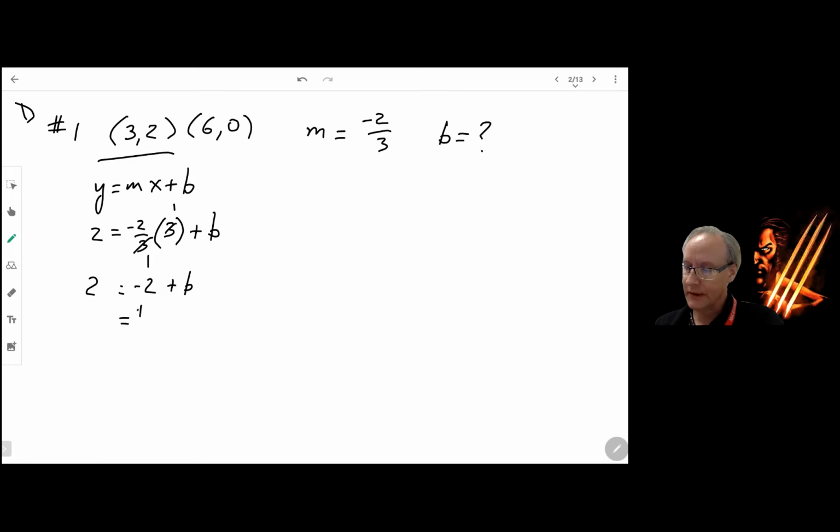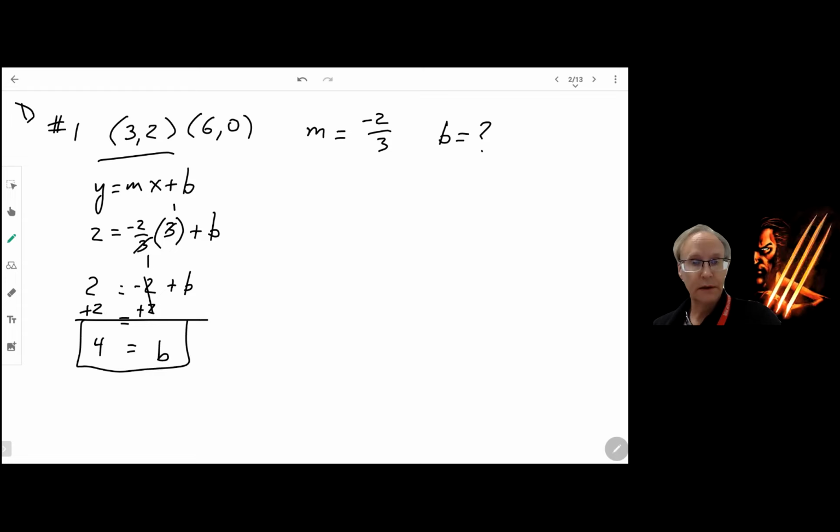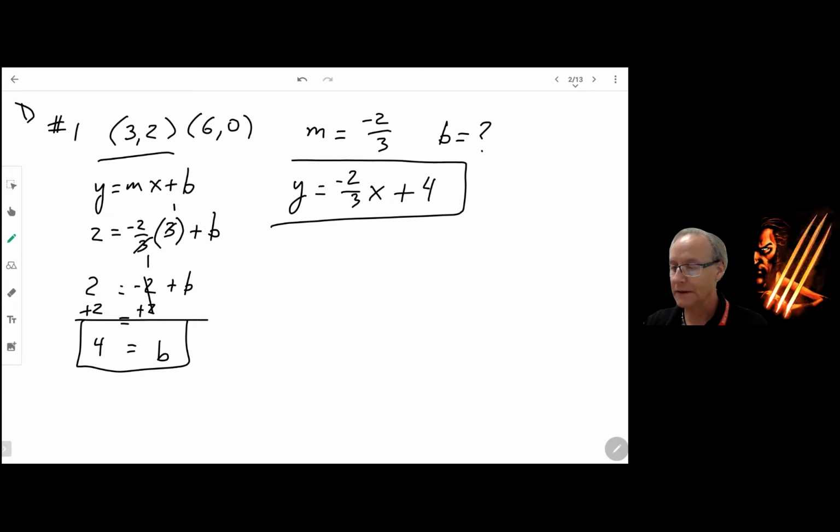It's ridiculous, but there you go. b is by itself, and it's equal to 4. Now I'm done. All I have to do now is write the equation. Since I know that b equals 4, I can write the equation: y equals negative 2/3 x plus 4. And that is in slope-intercept form.